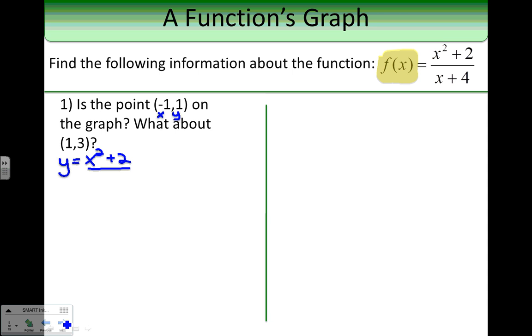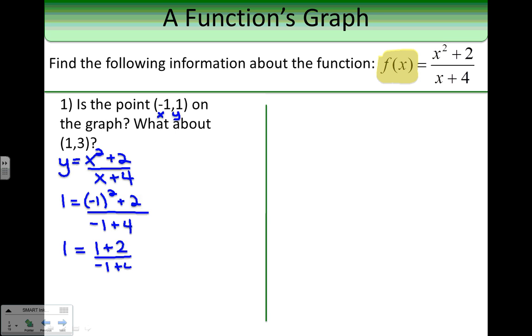This could also be written as y = (x² + 2)/(x + 4). So I plug in 1 for y and -1 for x. I get 1 = ((-1)² + 2)/(-1 + 4).